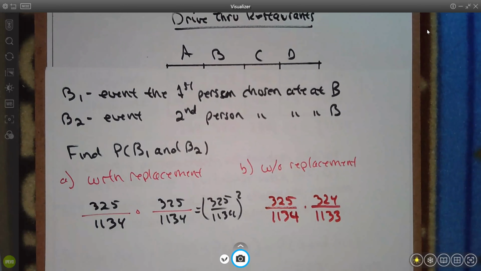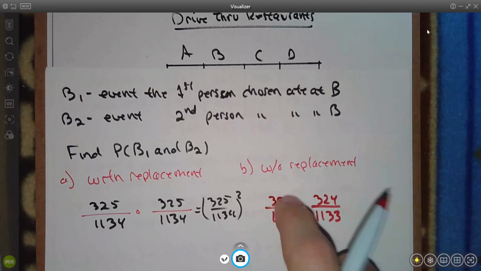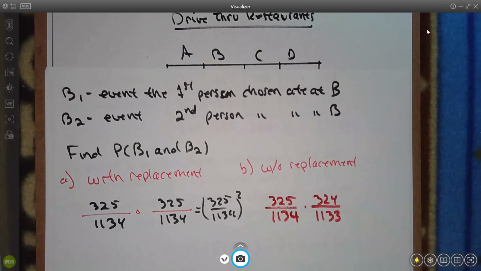Yeah. So you're reducing the numerator and denominator because you're taking one out of each. You took one out of the overall pool, and that one happened to be somebody who ate at restaurant B. So notice that it changed here, and it didn't change here. And that says something special about events B1 and B2.